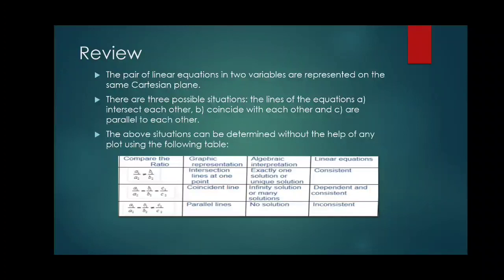Similarly, the second condition is a1 by a2 equal to b1 by b2, which is equal to c1 by c2, which means coincident lines, and that implies the equations have infinitely many solutions. And the last condition was a1 by a2 equal to b1 by b2 but not equal to c1 by c2, which means parallel lines, therefore no solutions, and the set of equations is inconsistent.